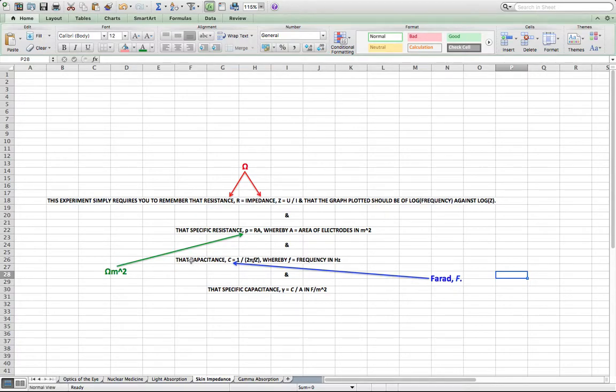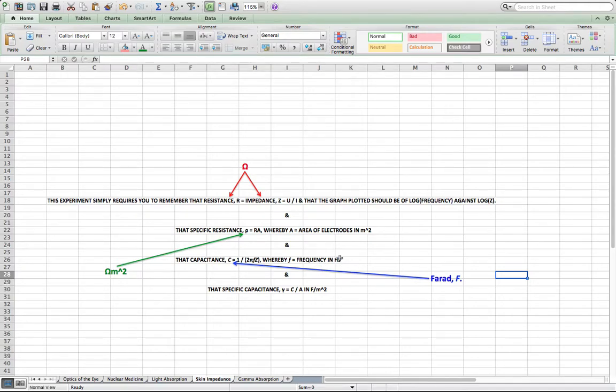Next, you should know that you have to know how to calculate the capacitance of the material, or the skin in this case. And so the capacitance, given the letter capital C, is calculated by dividing 1 by 2 pi multiplied by the frequency from the first independent variable of the experiment, multiplied by the impedance again.